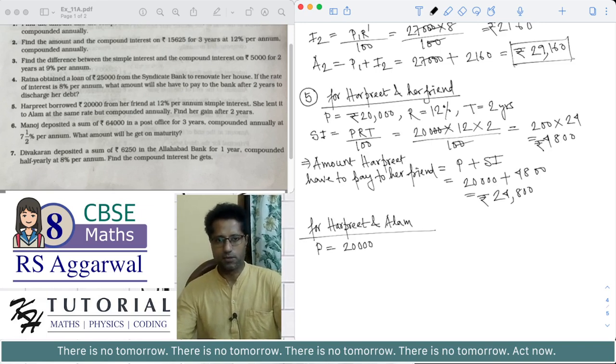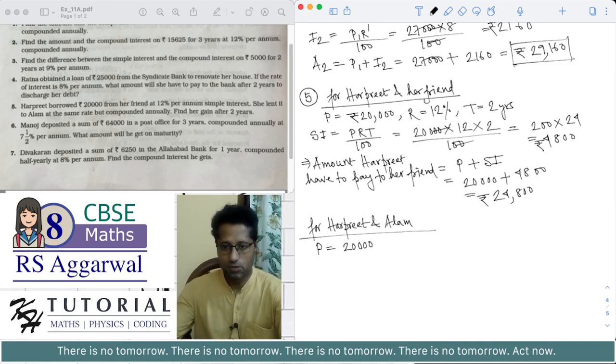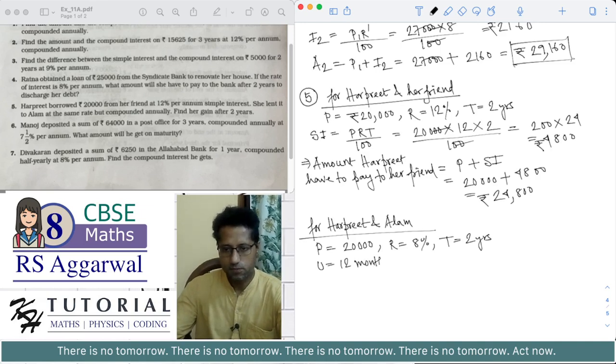years, based on the same rate of interest, that is 12%, and the compound interest will be compounded annually. So we have P equals 20,000, R is equal to 8%, T is 2 years, and U is also 12 months, that is the unit of time is 12 months.